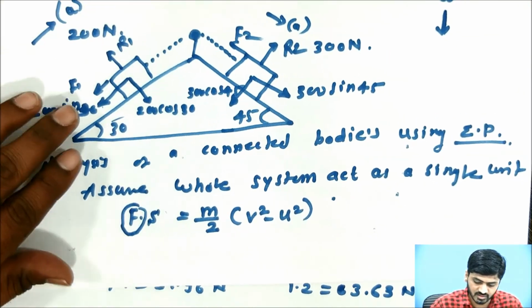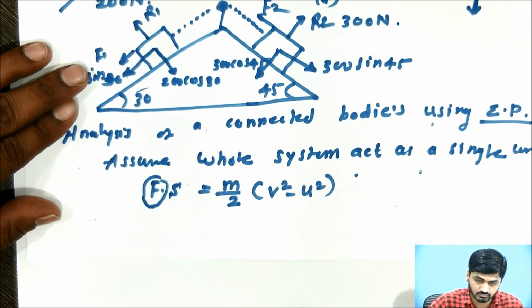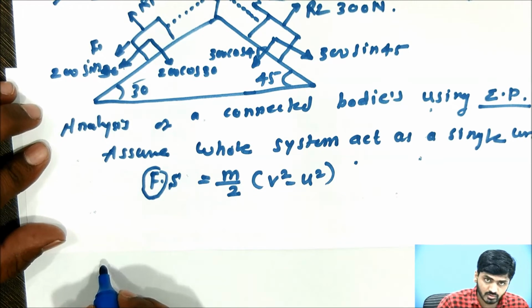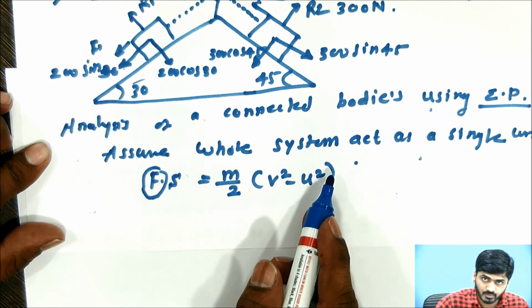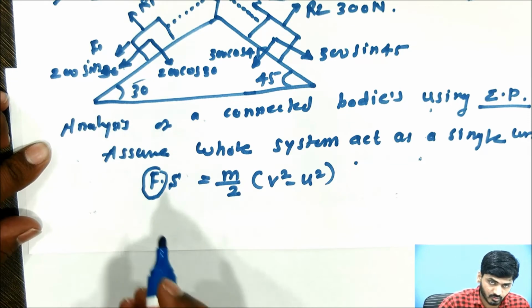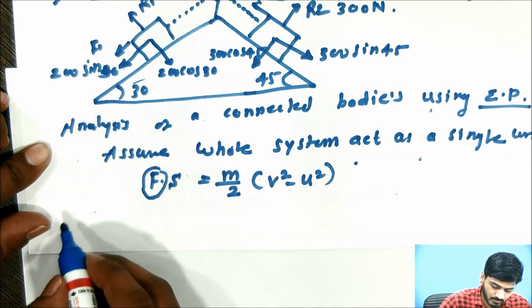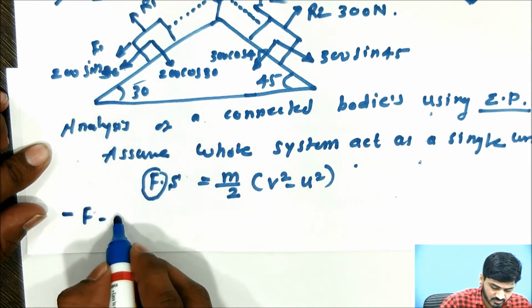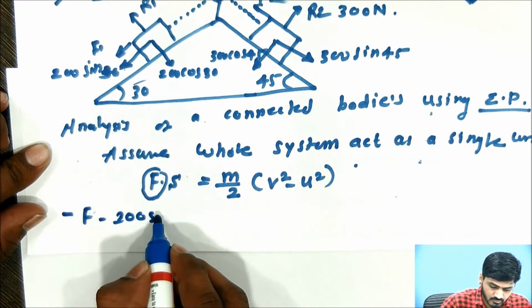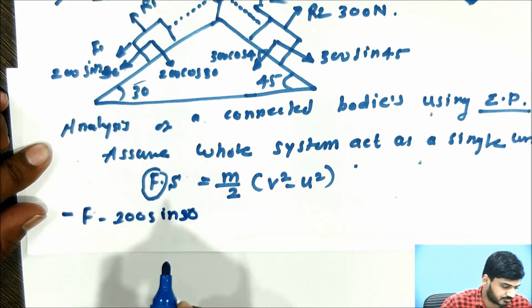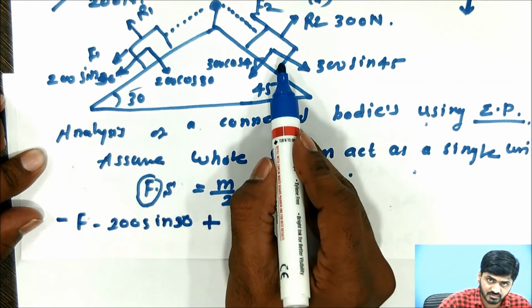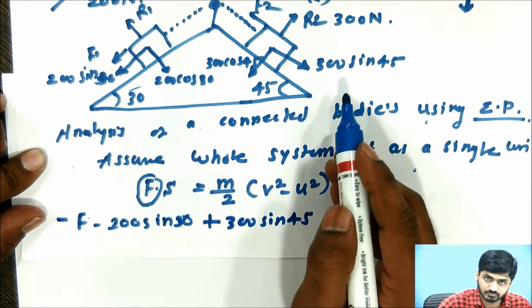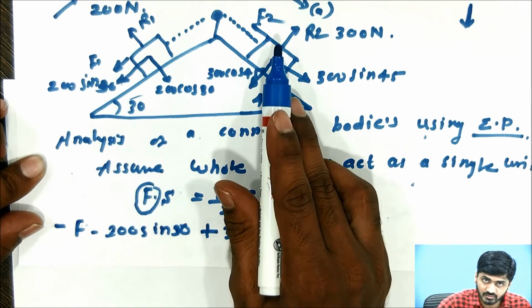So you may observe this equation. According to the energy principle, F, how many horizontal forces are present? F1 acts downward, so minus F1, minus 200 sin 30, plus 300 sin 45, minus F2.